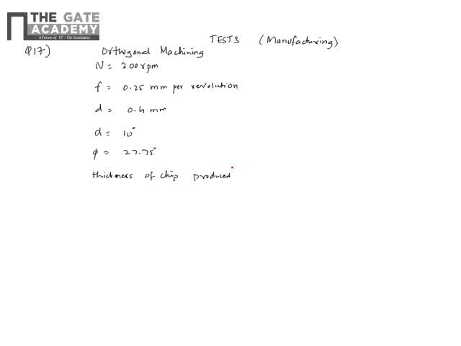Okay, so now we need to analyze basically the orthogonal principle. Now you have a spindle, and let's say this is the cylinder which is kept on the spindle, and this is rotating like this. Well, your tool is something like this, right?